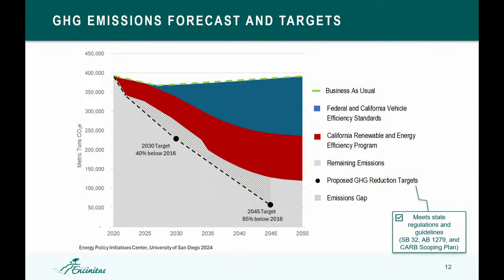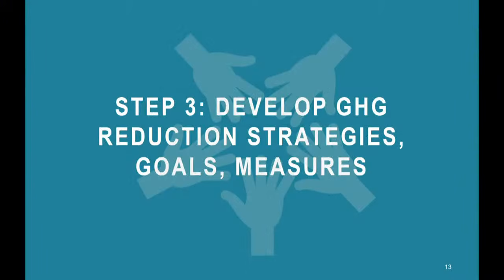I want to point out that these targets are in alignment with state regulations and guidelines, and those are SB 32, AB 1279, and the California Air Resources Board scoping plan. So for consistency, that's why those 2 targets were set. And the rest of the presentation will cover how we can achieve those targets through a set of measures that are being proposed in the climate action plan.